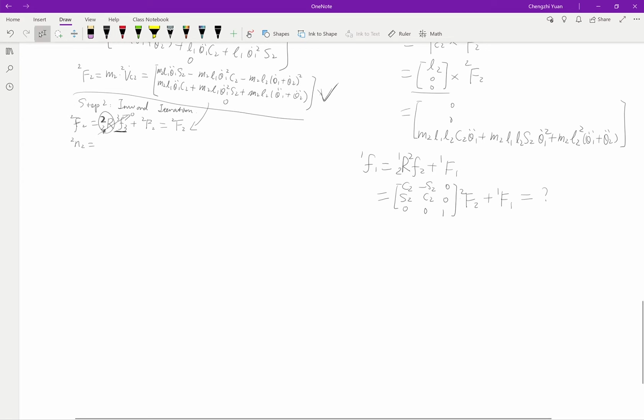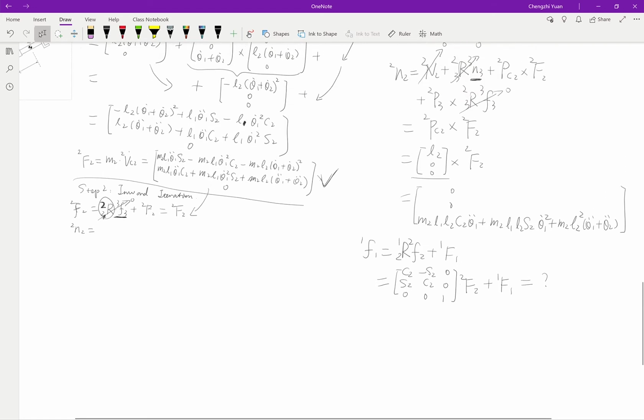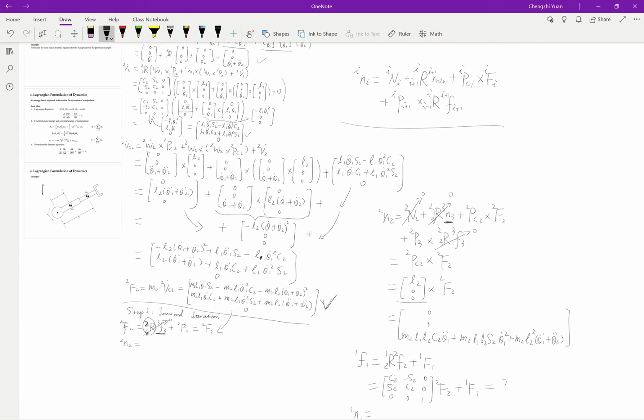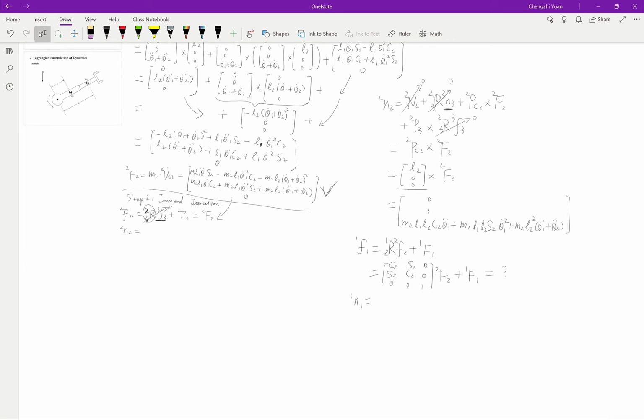After that, we can also calculate N_1^1 by following these equations. N_1^1 equals capital N_1^1 plus R_2^1 N_2^2 plus P_{C1}^1 cross product capital F_1^1 plus P_2^1 cross product R_2^1 F_2^2.